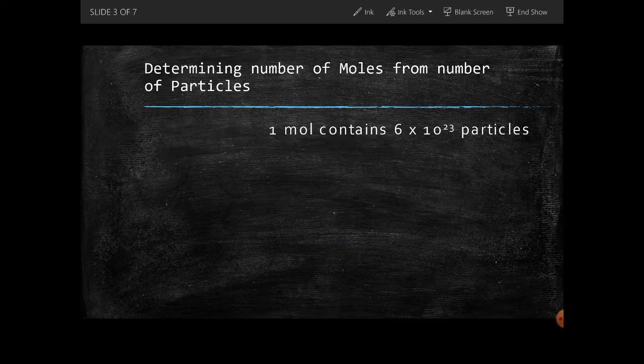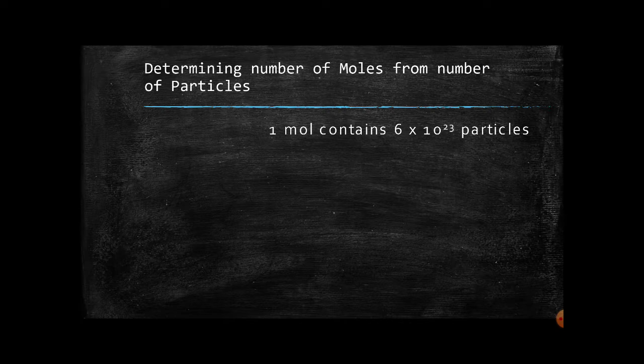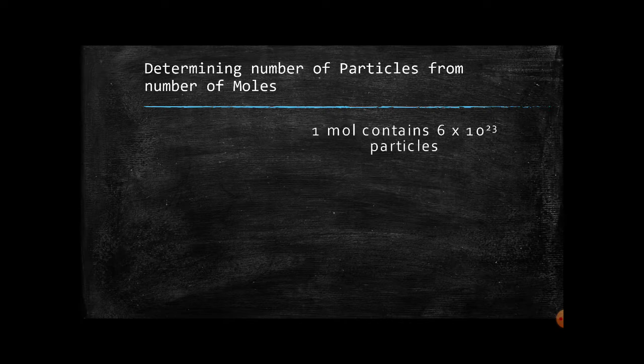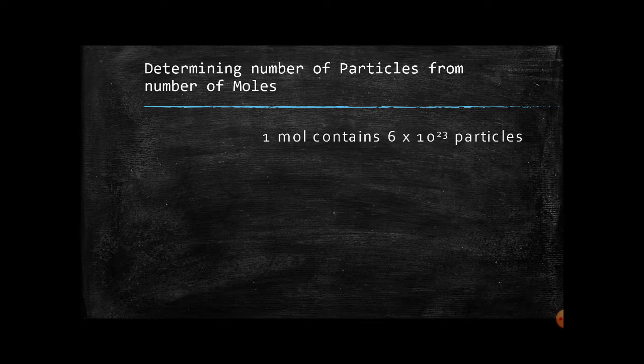If we can find the number of moles from the given number of particles, then we should also be able to determine the number of particles if we know how many moles are present. Our first example says that we should determine how many particles are present in 1.7 moles.